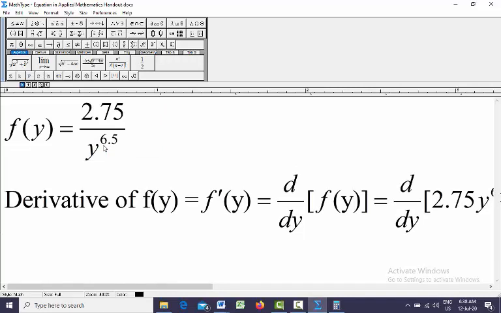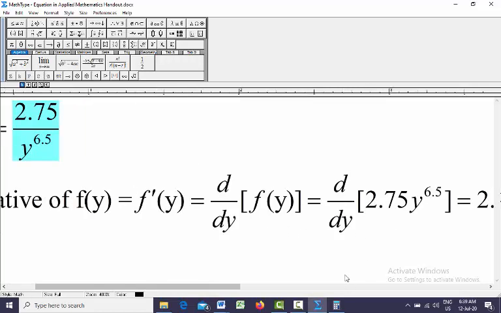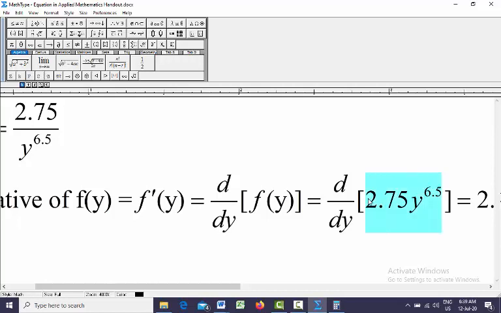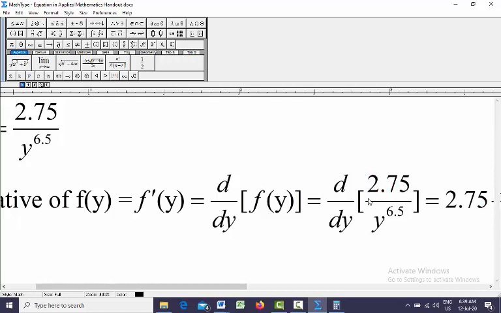Whenever you see a function like this, how do we do it?